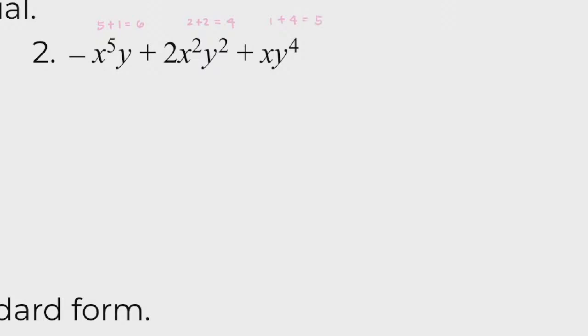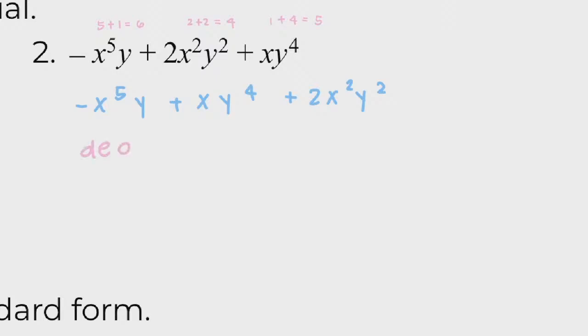So we're going to use these sums in order to determine how to write this in standard form. So the biggest degree is 6, so negative x to the fifth y is going to come first. Next is 5, so we're going to add xy to the fourth, and the last one is 2x squared y squared.